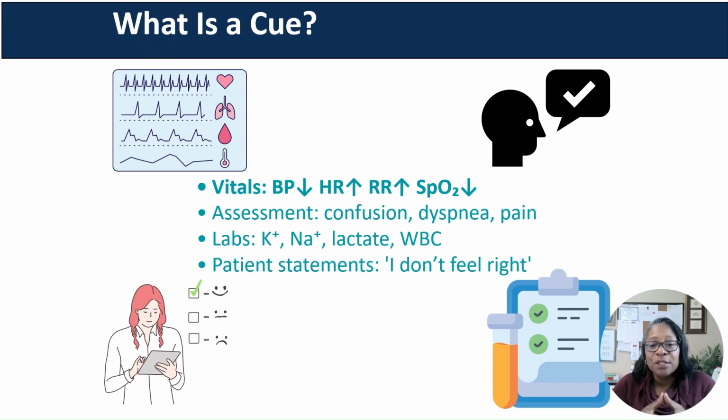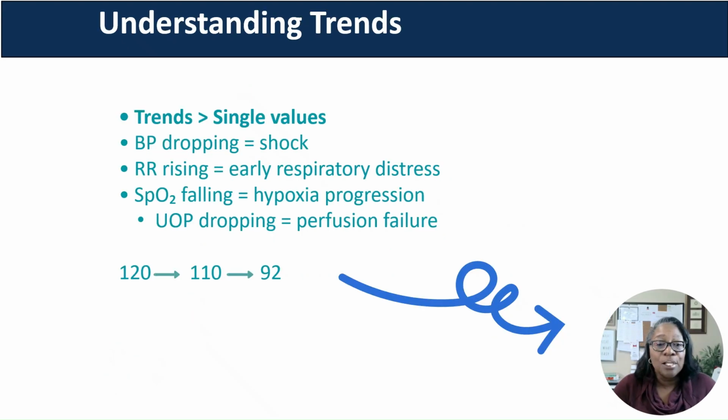So understand the most important thing: one single abnormal number means less than a trend of numbers moving in a dangerous direction. So, what is a trend? The trend is a pattern over time, it's not a single reading. This is where many students get lost.